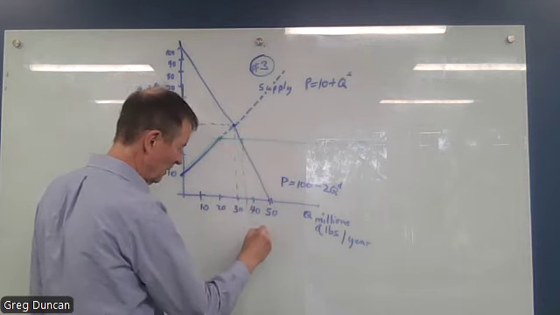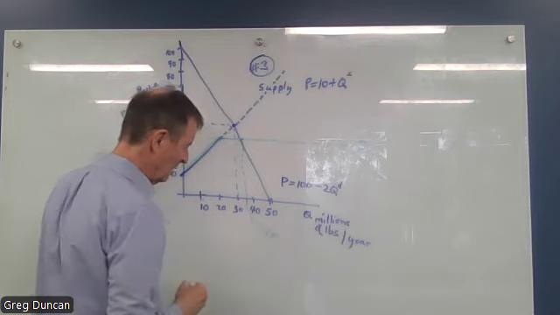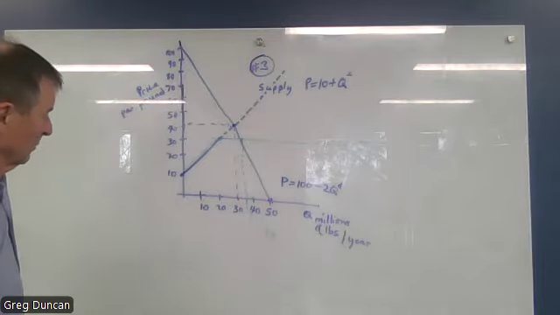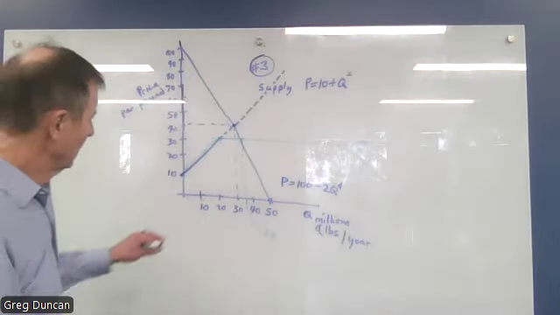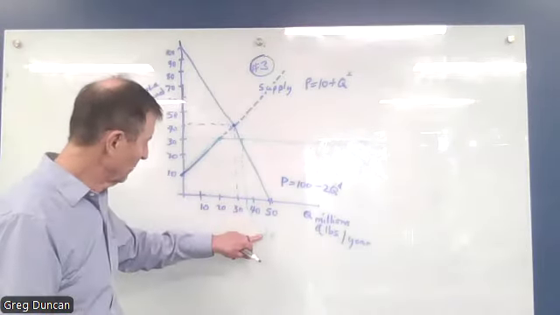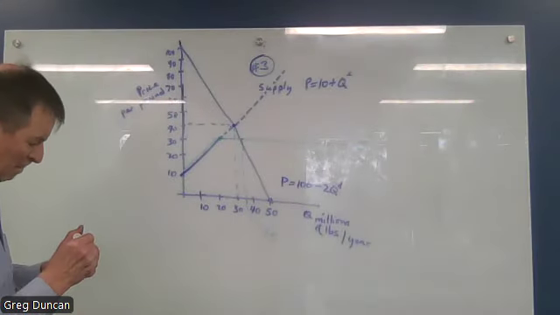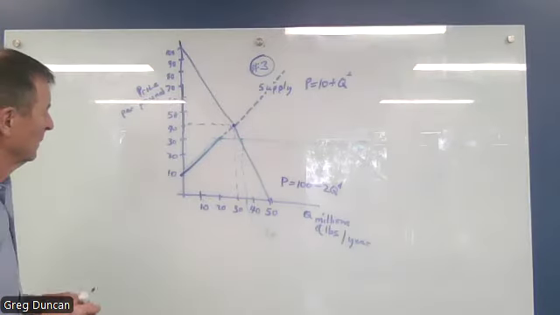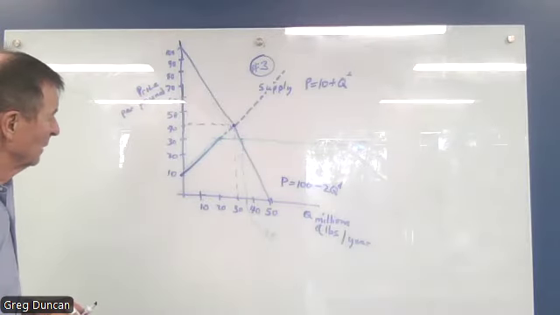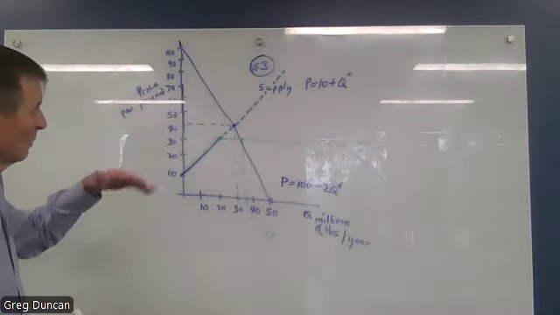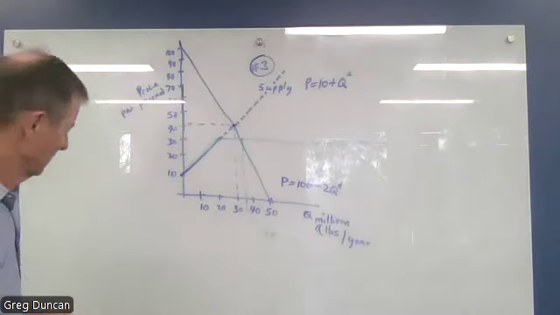All right, so the equilibrium price is going to be $30. This is before tariffs. And the equilibrium quantity is going to be 35 million pounds per year. So that's pre-tariff. Now with the tariff, we're going to be increasing the world price by $20.